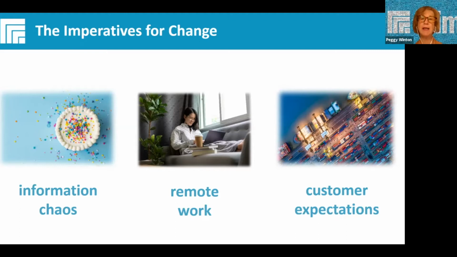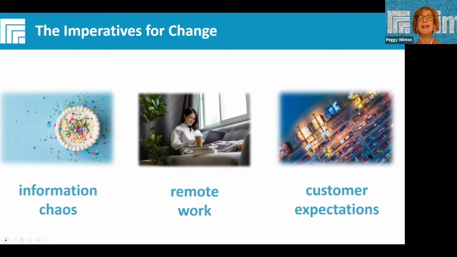And finally, as if that wasn't hard enough, our customer expectations are more and more demanding, looking for convenience and availability in the design and also deliverability of the products and services that we produce. It's all faster than ever before.